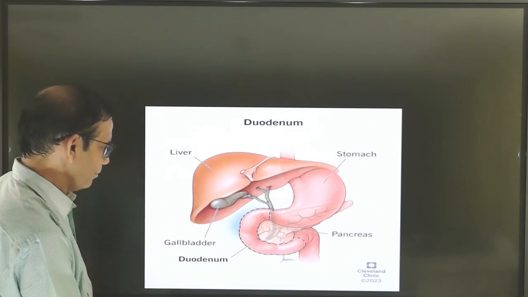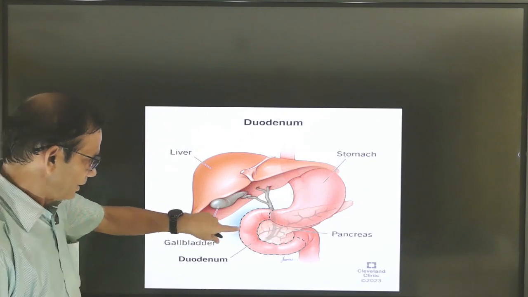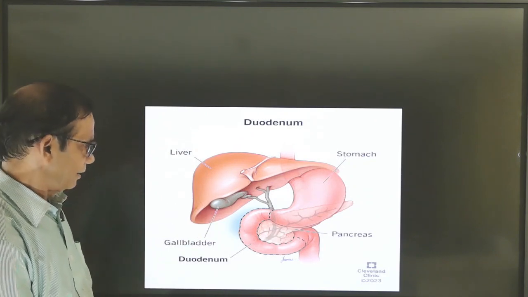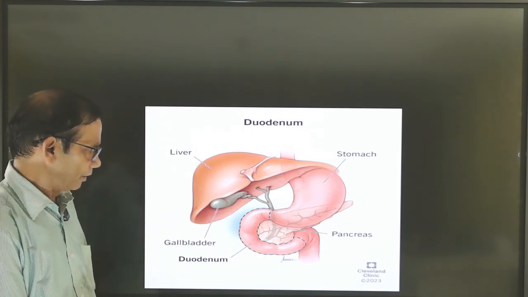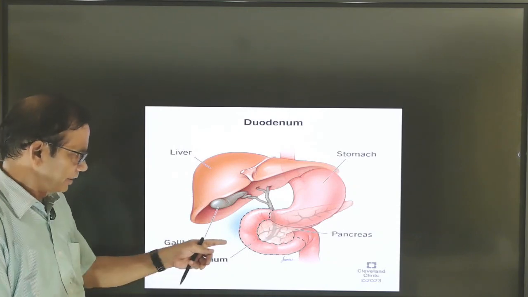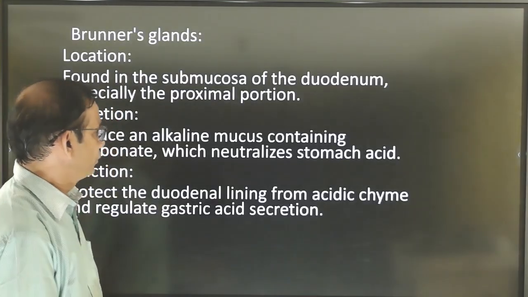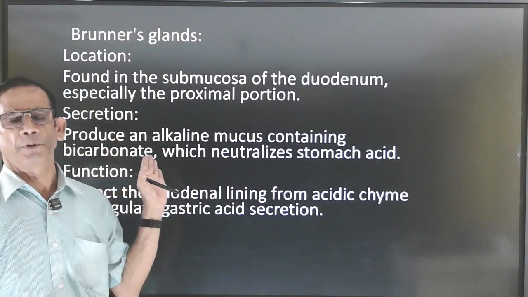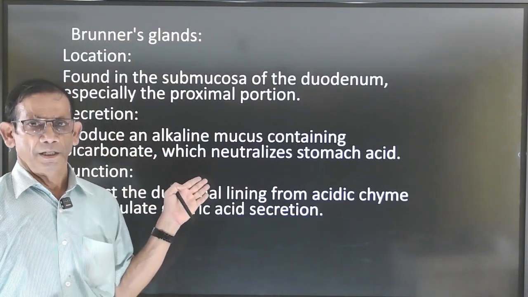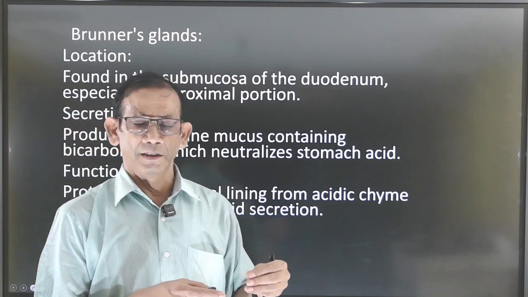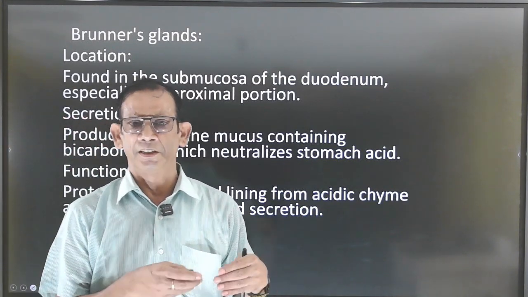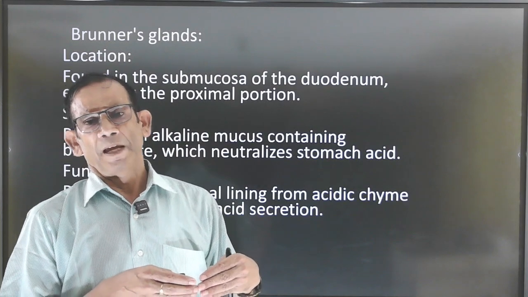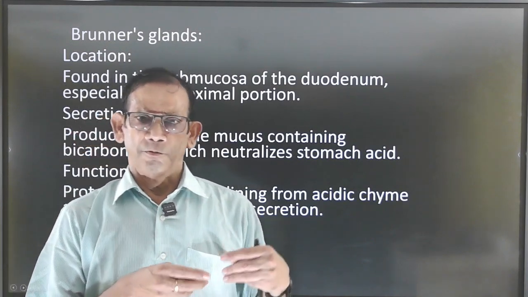In this duodenum, internally in the submucosal layer, there is a type of gland known as Brunner's gland, which secretes a juice containing sodium bicarbonate, which helps to reduce the acidity of acid chyme from the stomach.